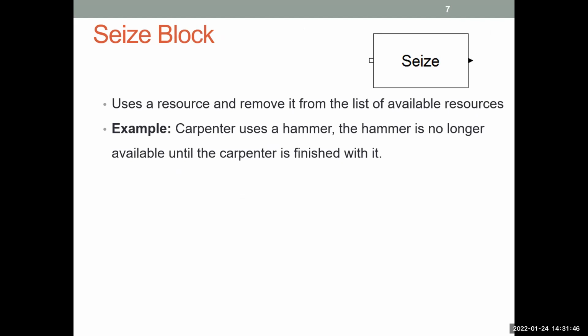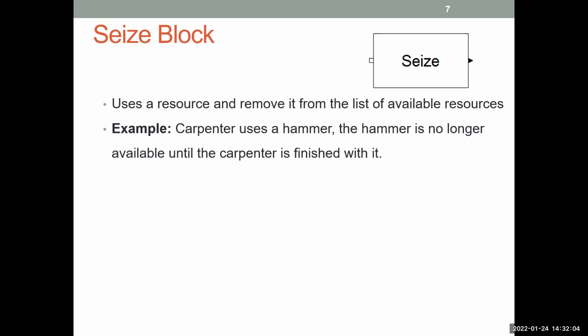And then once you define the element or the experimental piece for the resources, in the model itself, you're going to have a group of blocks that are going to be used to model a resource.